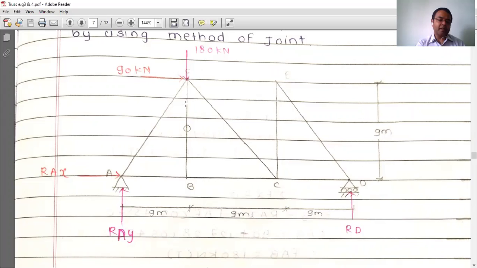So we can start by considering joint A or joint D, because at A and D, a maximum of 2 members are unknown. So here we will start with the free body diagram of joint A.